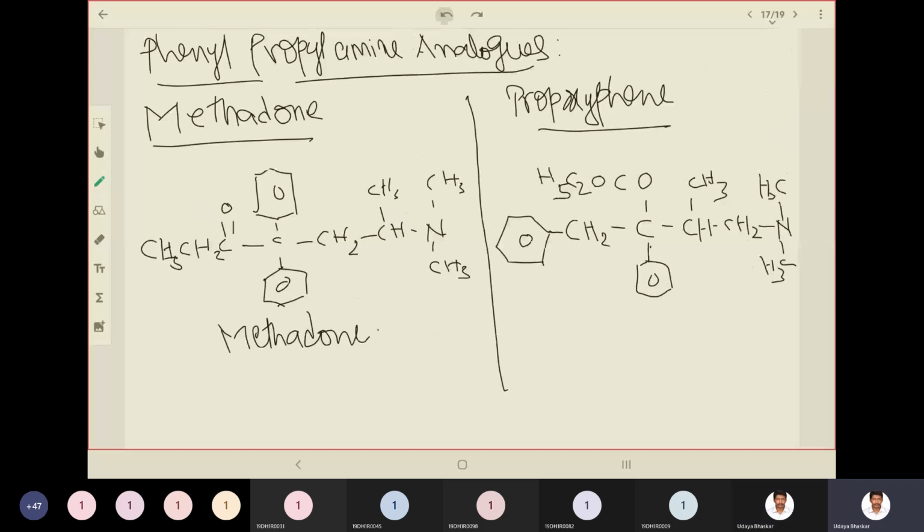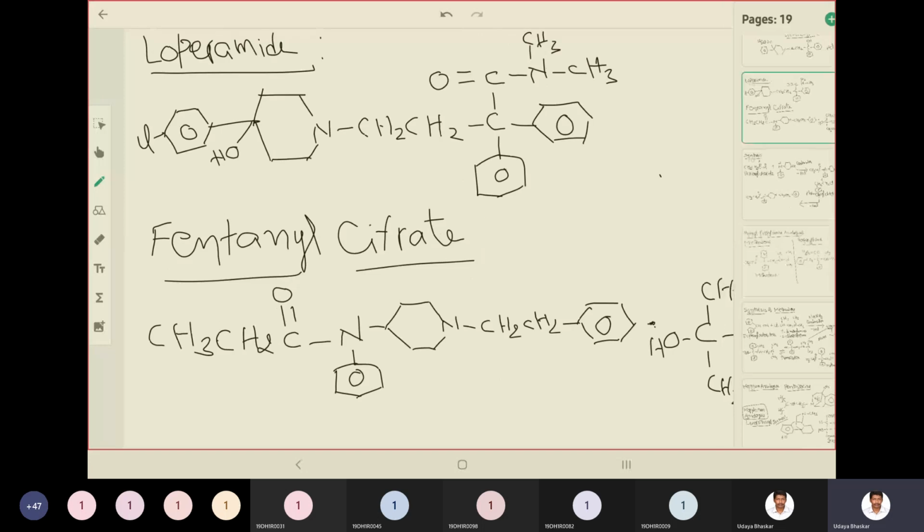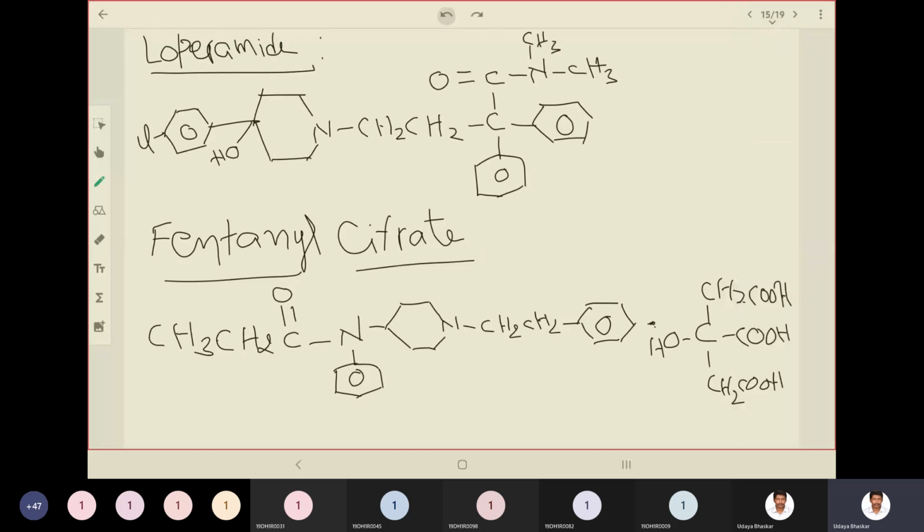Okay. So that is the use of propoxyphene. If you see, methadone is also one of the analgesics, and fentanyl citrate, also a potent narcotic analgesic employed for arrest of pain.